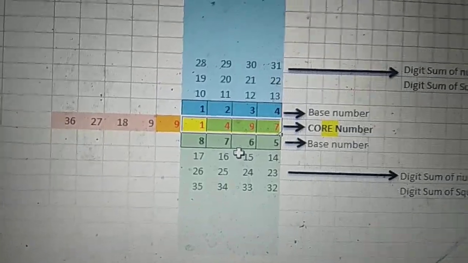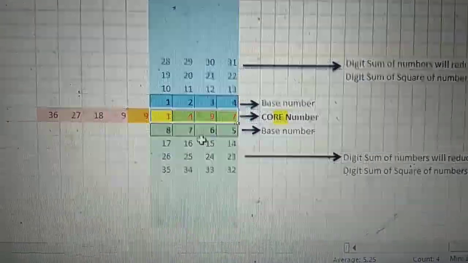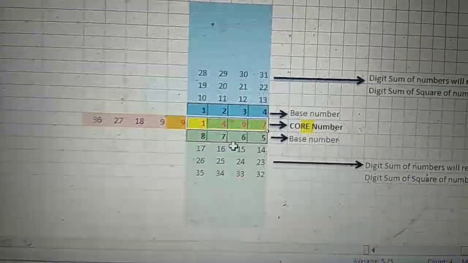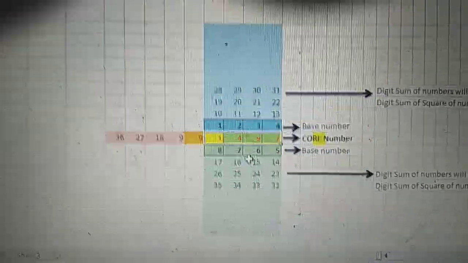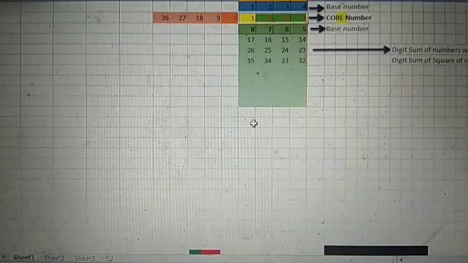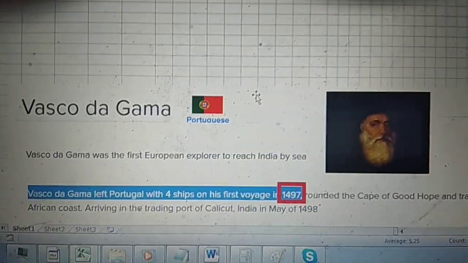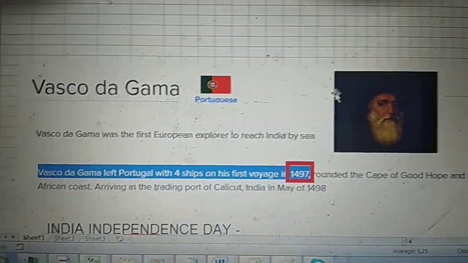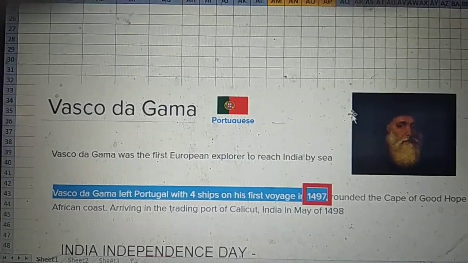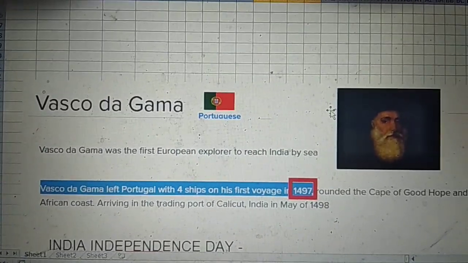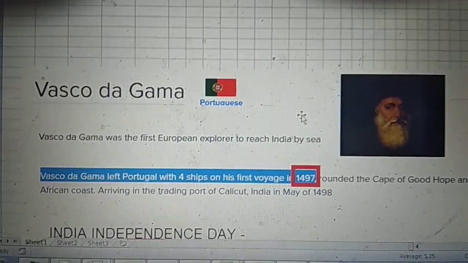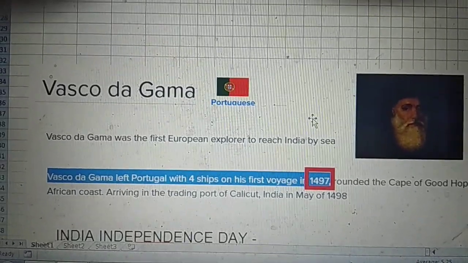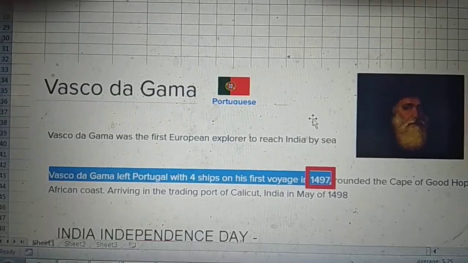Also, I tried to look up if there is any historical significance of this pattern 1497, and I found something like this. Vasco da Gama, a Portuguese explorer, started to find a sea route to India, and he started from Lisbon, I believe, in the year 1497.